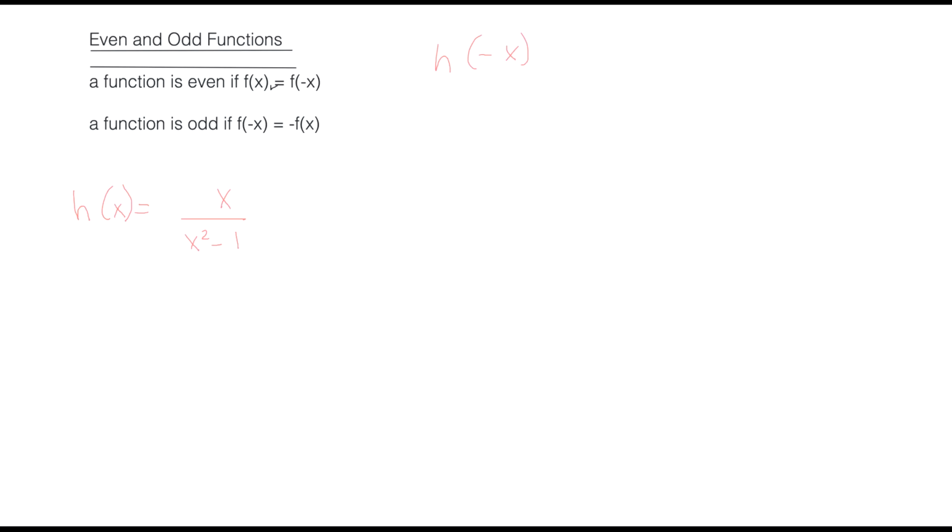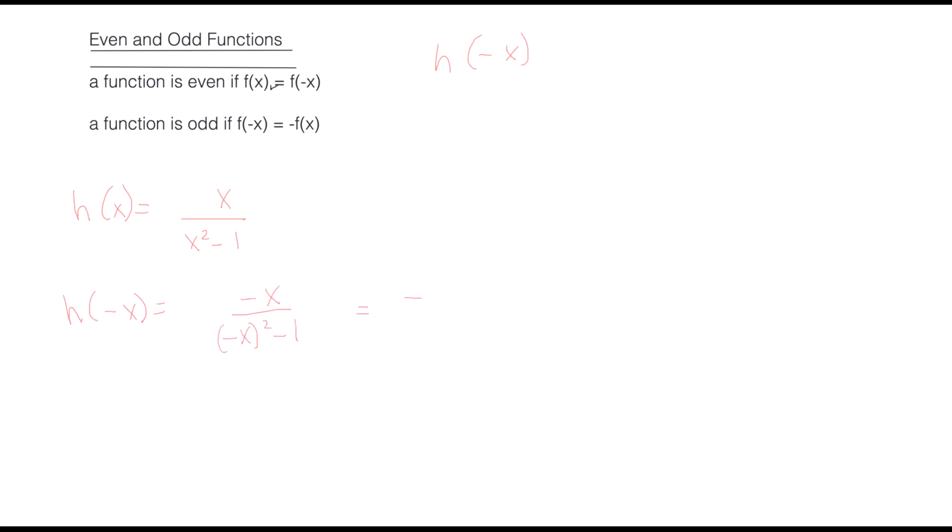Okay, so this is my h of x, x over x squared minus 1. Now I'm going to check for h of minus x, which is minus x over minus x squared minus 1.